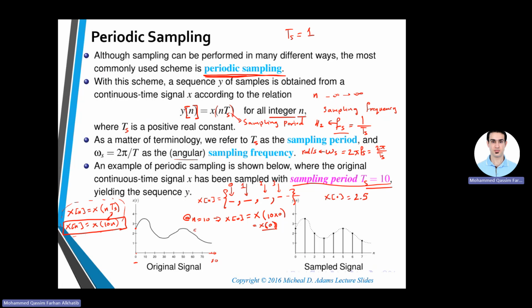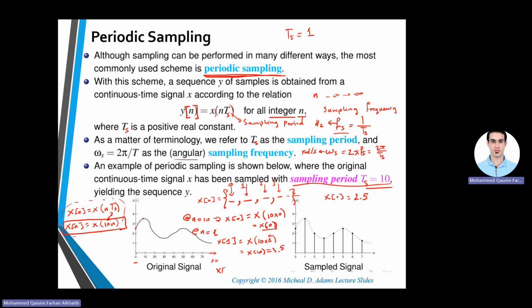Now at n equals 1, remember n are integer values, x of 1 equals x of 10 times 1, so it is x of 10. Going to the function, x of 10 is approximately 3.5.